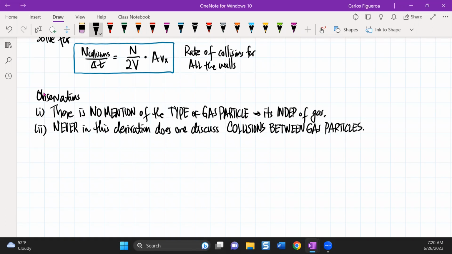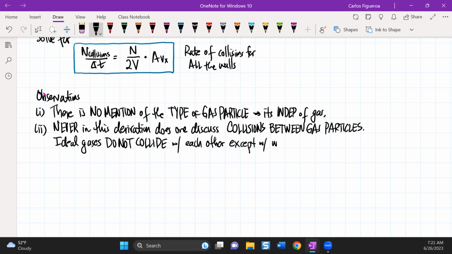In other words, ideal gases do not collide. We never accounted for that with each other, except with walls of the container. And if they're point particles and they have no volume, then of course they can't collide.